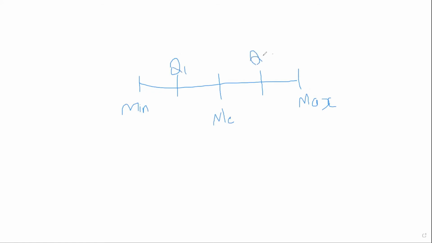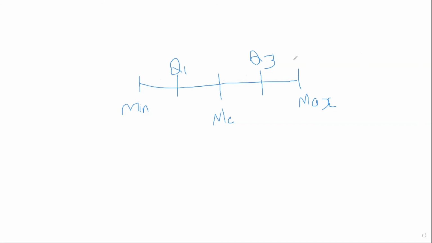So whenever I'm saying 5-number summary, you're going to find the minimum in the range, the maximum, the median, what is in between the minimum and the median, and what is in between the median and max. So this is the 5-number summary.